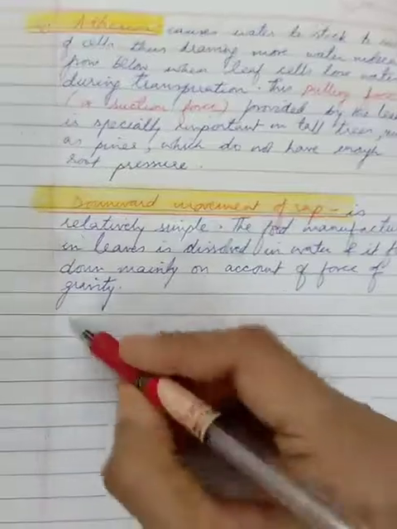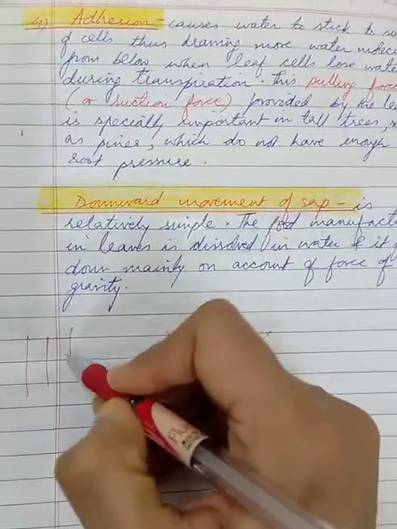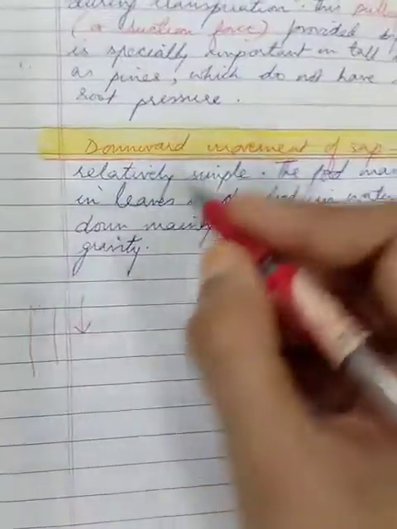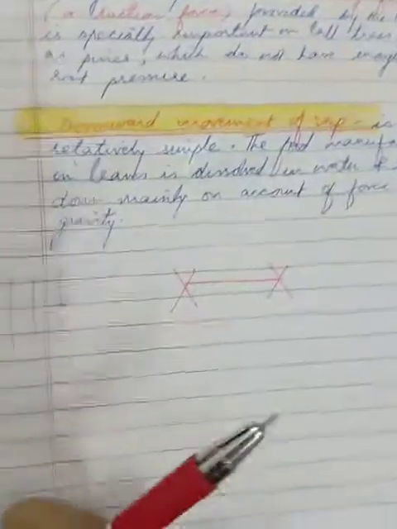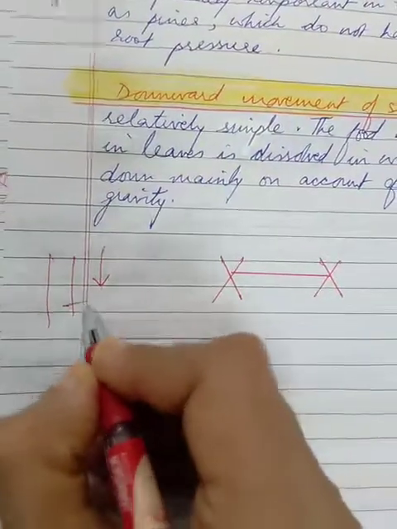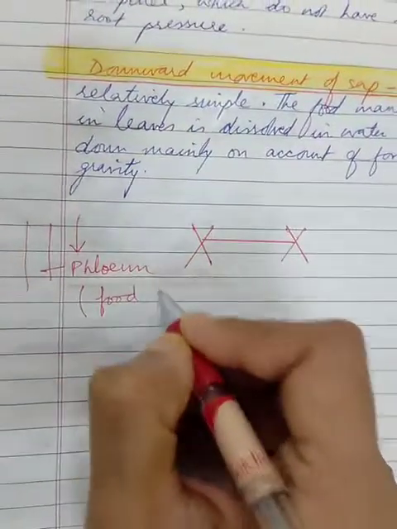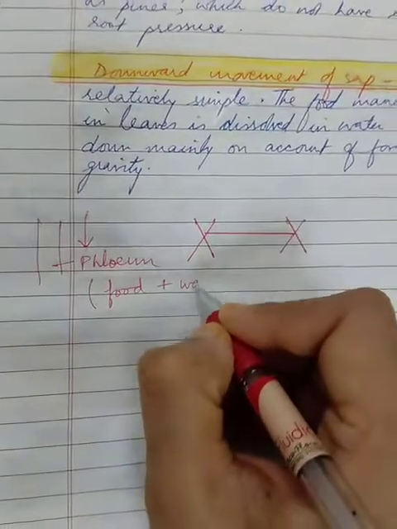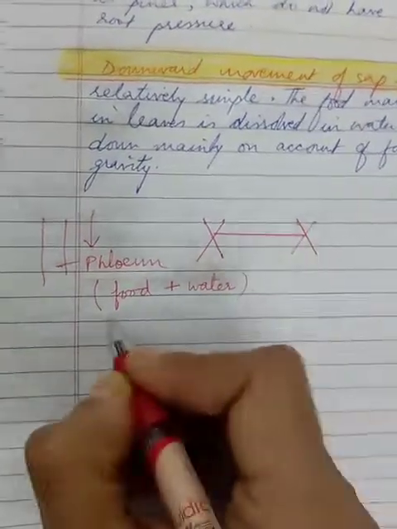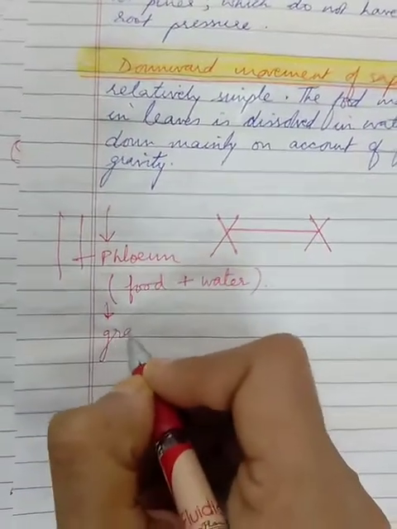So movement downwards is easy because, now, which tissue is transporting the manufactured food, children? This is phloem. So the phloem tissue is conducting food dissolved in water, and the reason is simple: gravity.